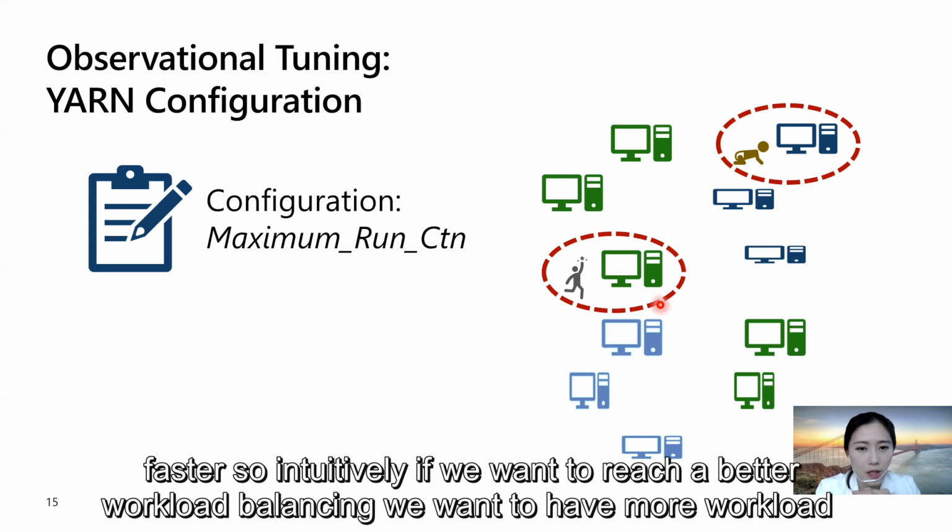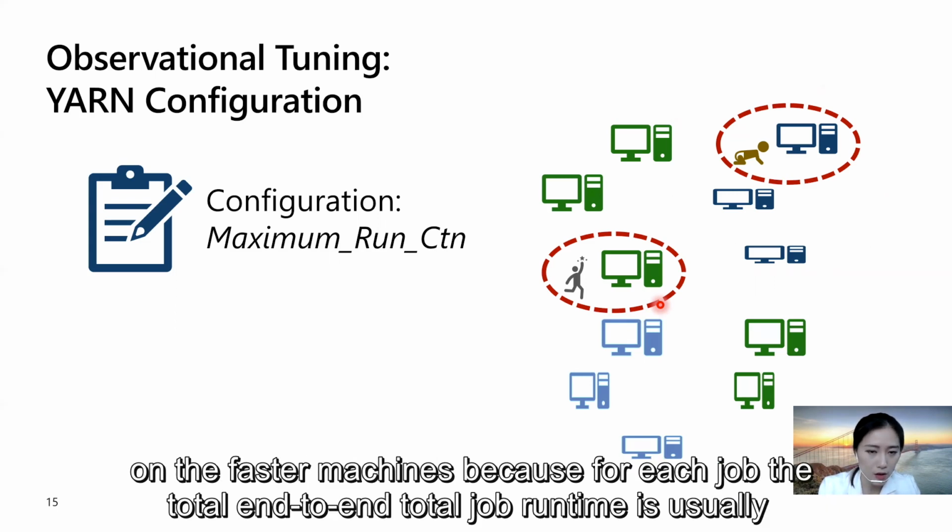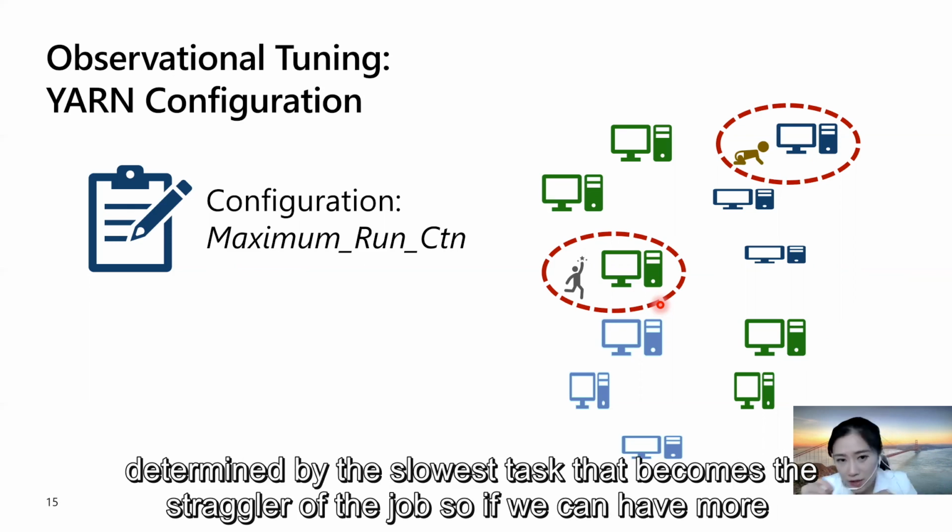So intuitively, if we want to reach a better workload balancing, we want to have more workload on the faster machines, because for each job, the total end-to-end job runtime is usually determined by the slowest task that becomes the straggler.